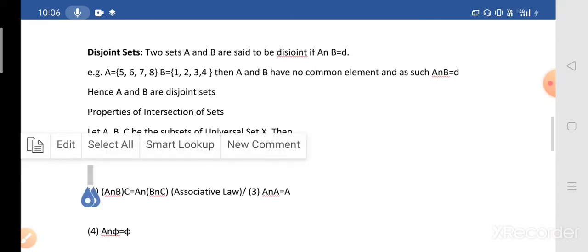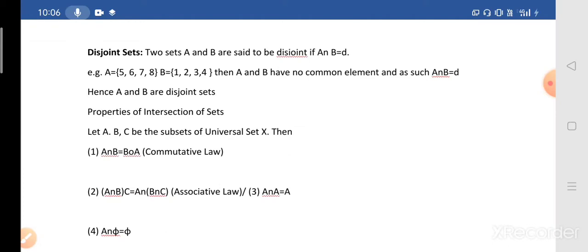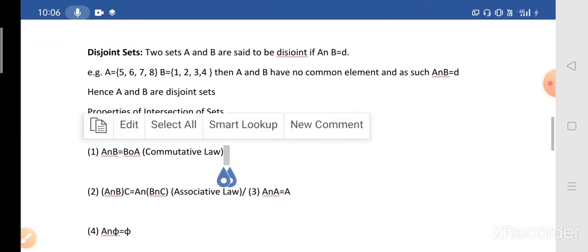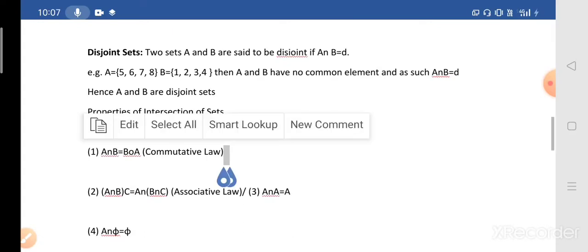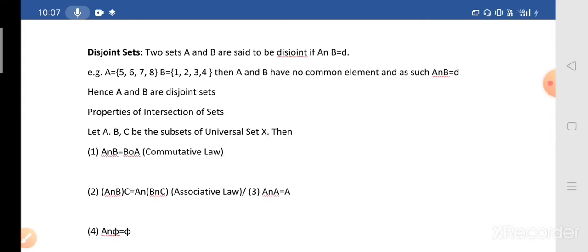Here, take B as 1, 2, 3, 4 and A as 5, 6, 7, 8. Observe both sets: there are no common elements, so A intersection B is phi. Here A and B are disjoint sets.